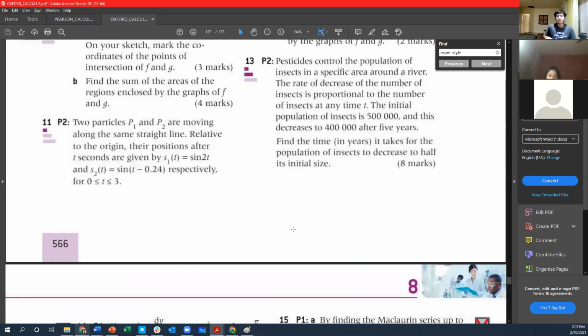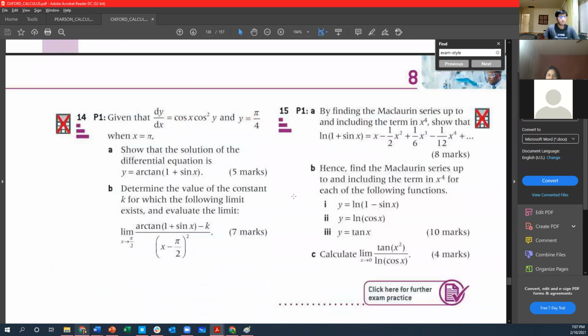Come to think of it, do you want to practice one of the differential equations? I honestly don't know if Zachary needs practice with that, but for me, I kind of just memorized how to do it. Okay. So then let's just stick with number 14.